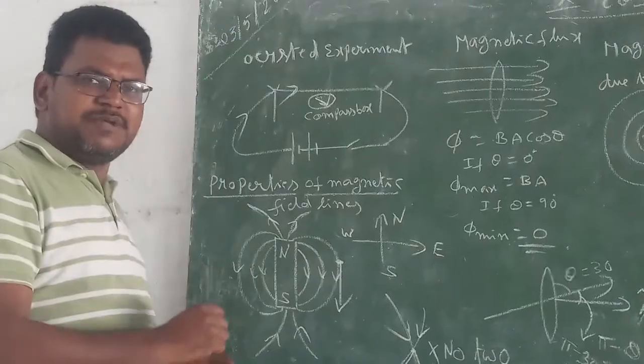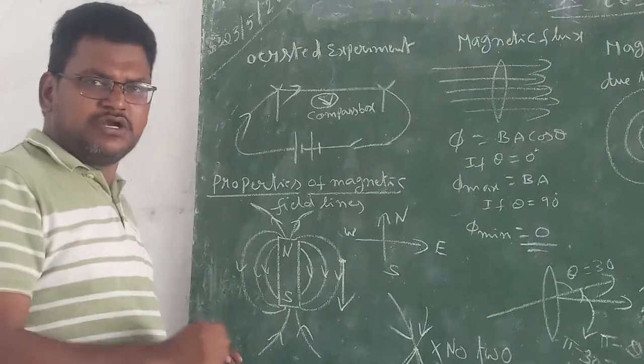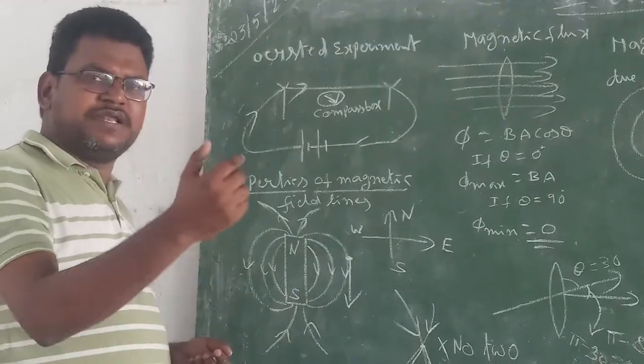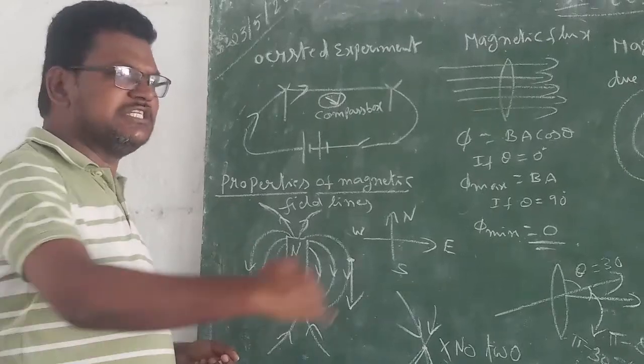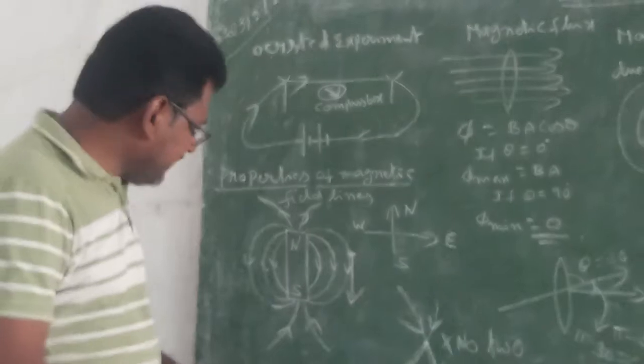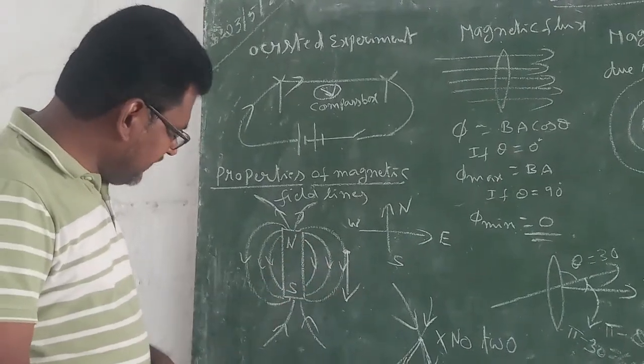Suppose the strength or direction of the magnetic field, if any one changes from point to point, that is called a non-uniform magnetic field. Suppose the strength and direction of the magnetic field do not change from point to point, then that is called a uniform magnetic field. So a bar magnet creates a non-uniform magnetic field.